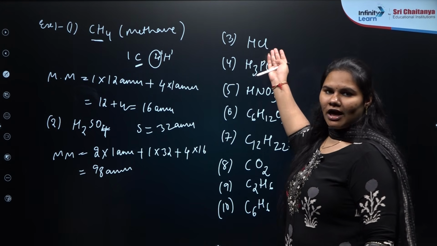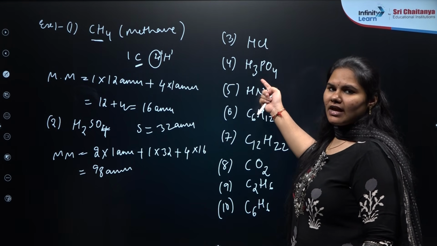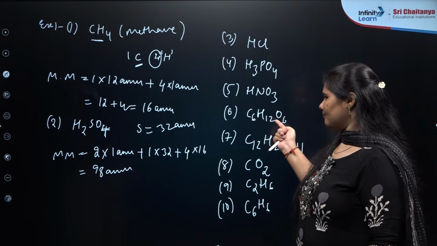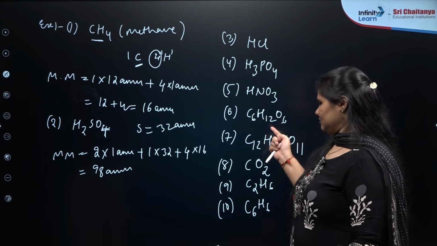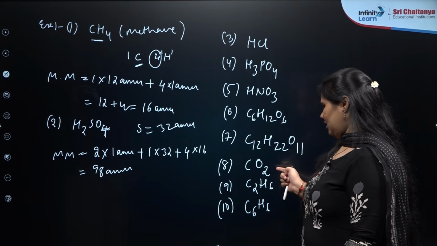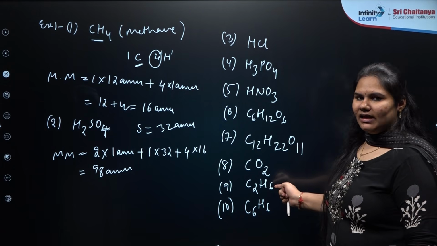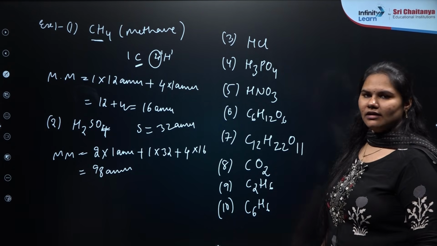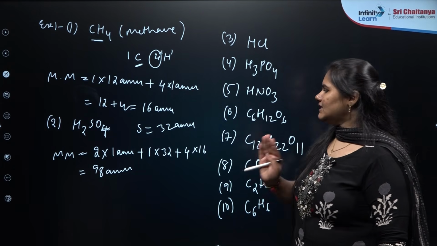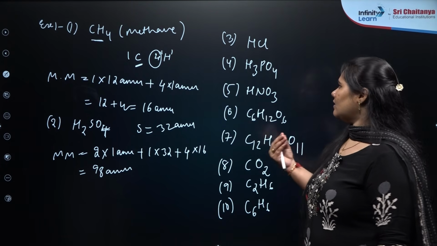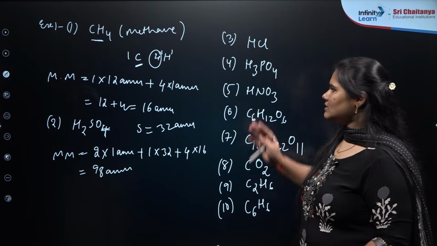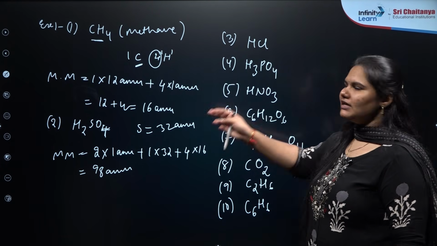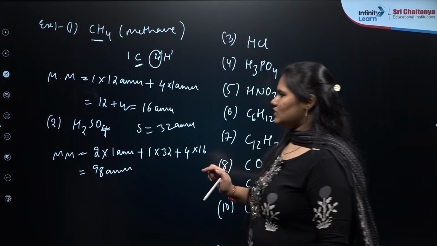So HCl is called hydrochloric acid, then phosphoric acid, nitric acid, glucose or fructose, sucrose, carbon dioxide, ethane and then benzene. So these are the compounds. Please try these and you can get all their values. I have already given atomic masses, right? Based on that you can try these questions.